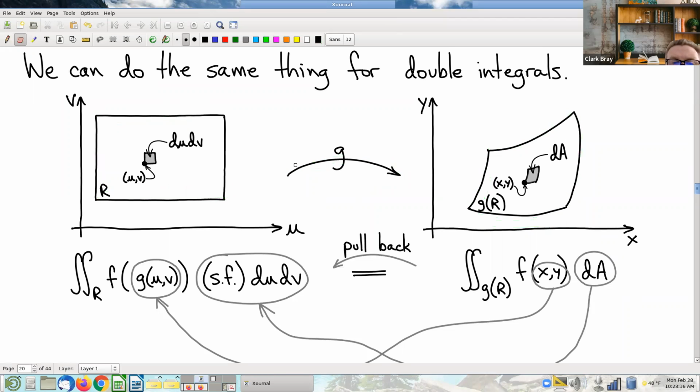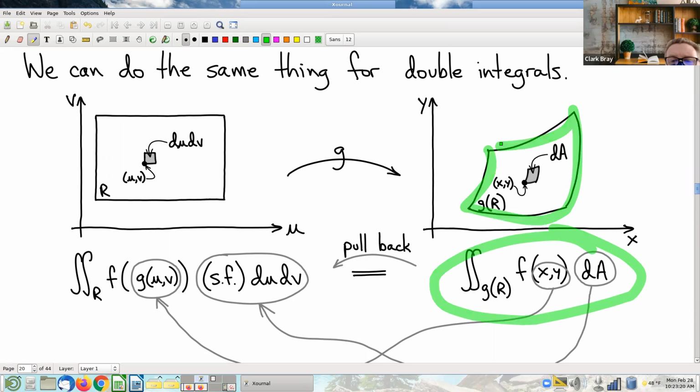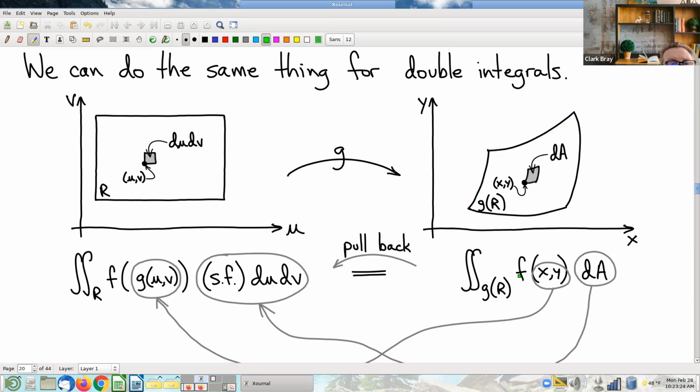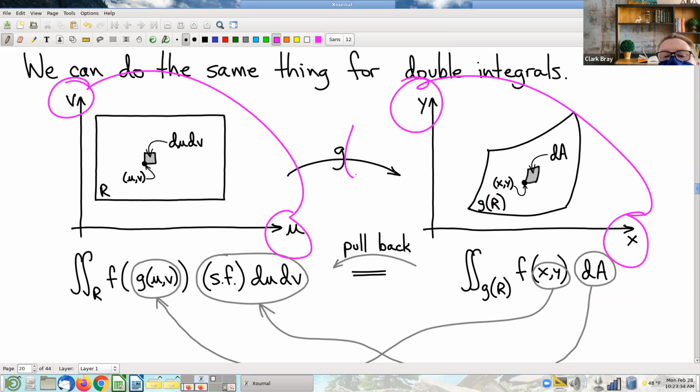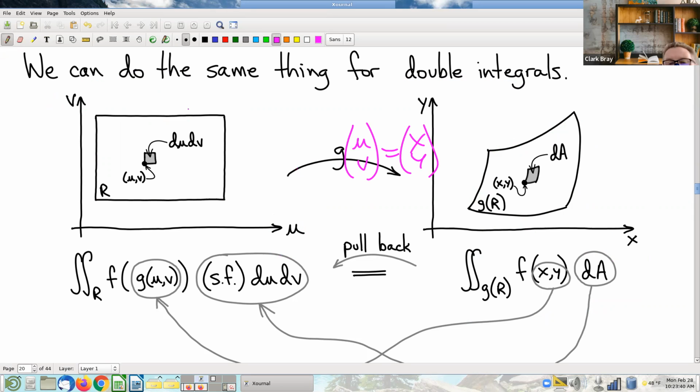And now let's suppose that I want to do an integral on this wacky shape. Well, let's argue a pullback. If x and y are functions of u and v, then, okay, let's just start plugging in.